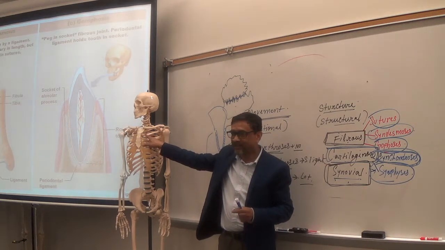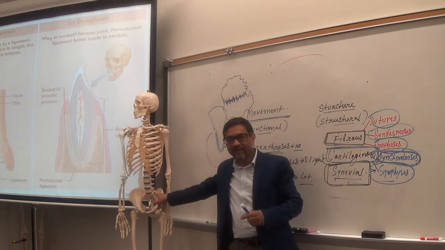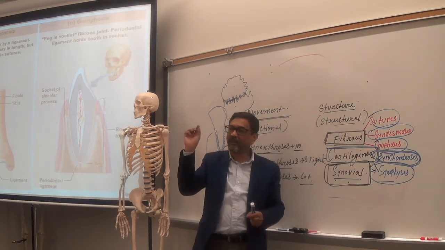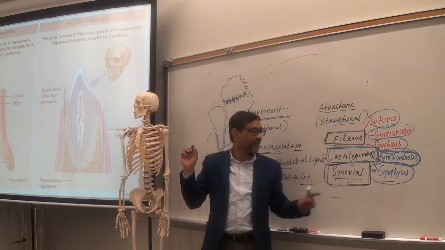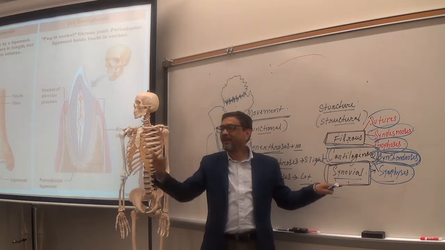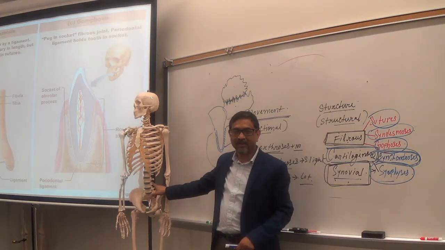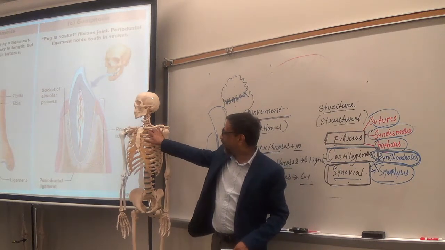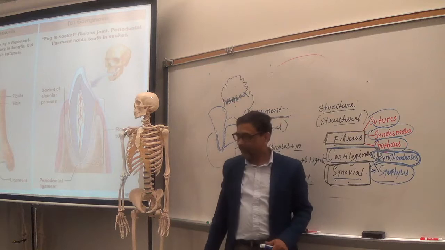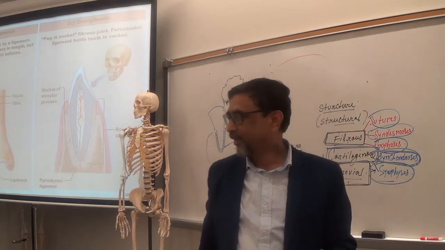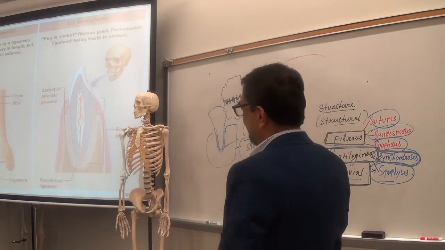If you look inside these joints, you will see a cavity. Cavity filled with what? Fluid, synovial fluid. That's why we consider these as synovial type joints. Okay. Only this one doesn't have synovial fluid and cavity. So just know that.